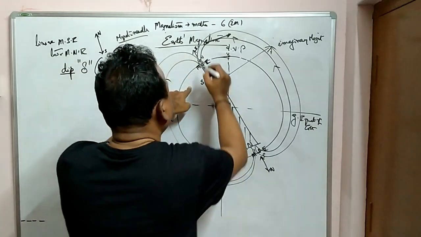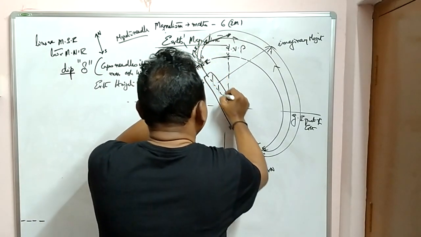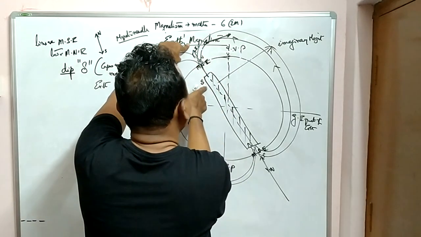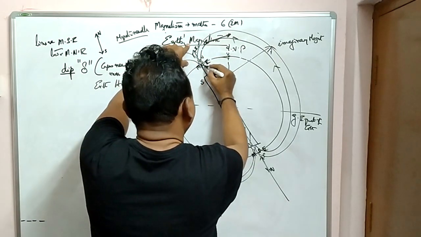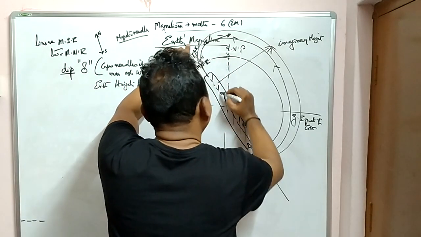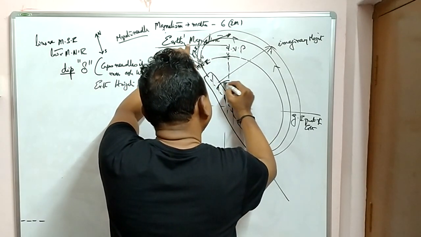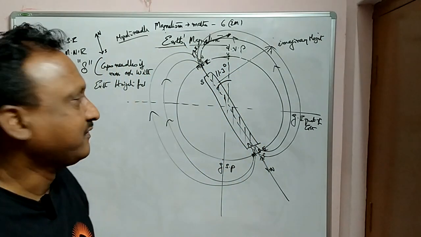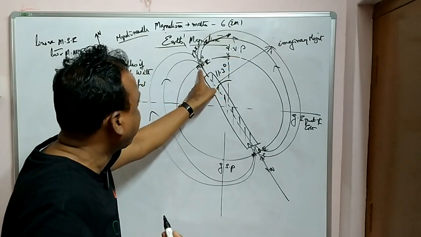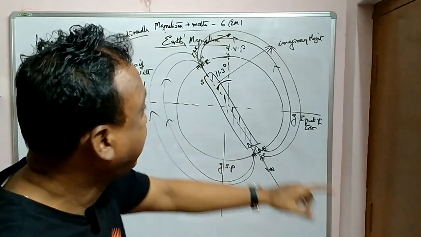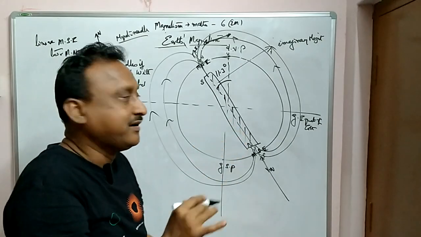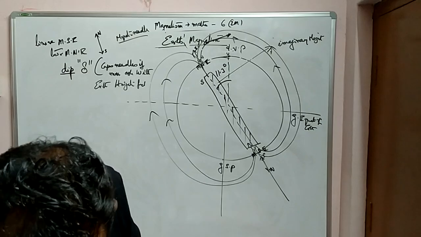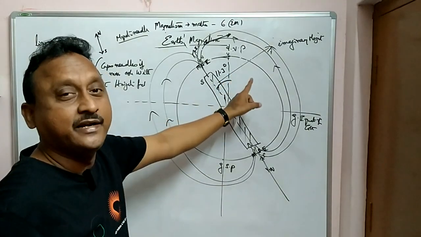I told you this is magnetic south, taking the imaginary magnet, and this is magnetic north. This is imaginary. So where the south is inside, this is the magnetic north pole, this is the magnetic south pole. That means if you observe carefully, this tilt is around 11.2 to 11.3 degrees between the geographic north pole and the magnetic north pole of the earth. Magnetic north pole to geographic north pole, the tilt angle is nearly 11.2 to 11.3 degrees. This was the tilt observed.